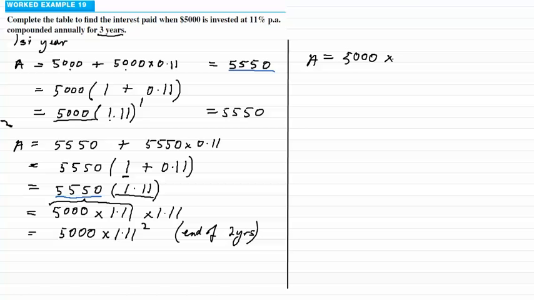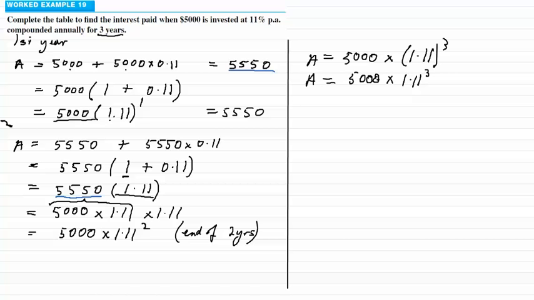We just write 5,000 times 1.11 cubed. In fact, you can leave out the brackets, you can just write it as 5,000 times 1.11 cubed, and any mathematician or person who knows a bit of advanced mathematics will accept that.